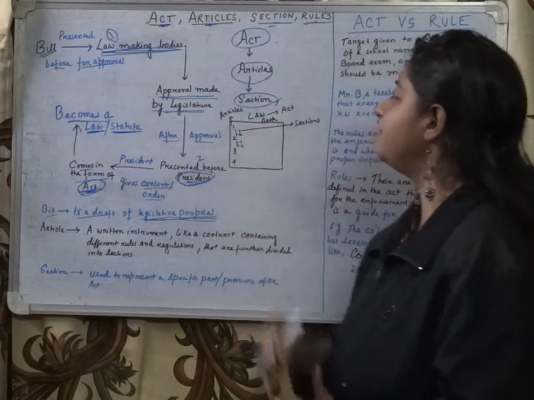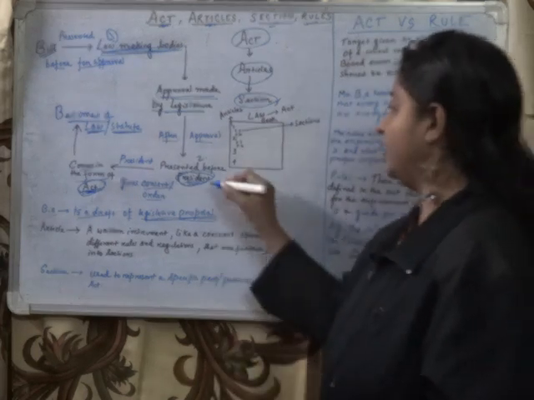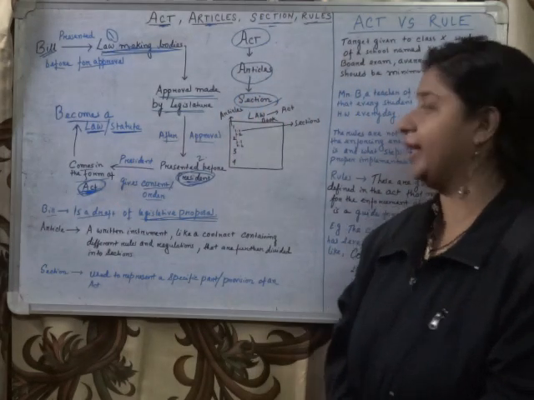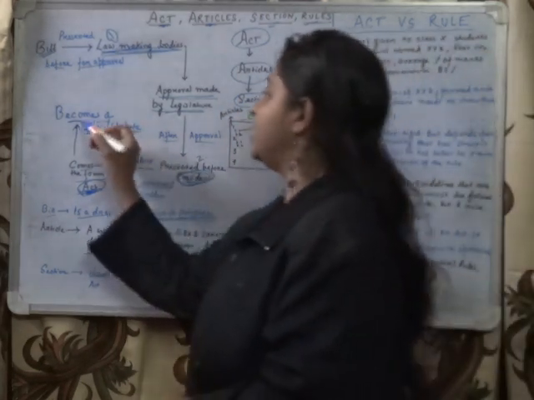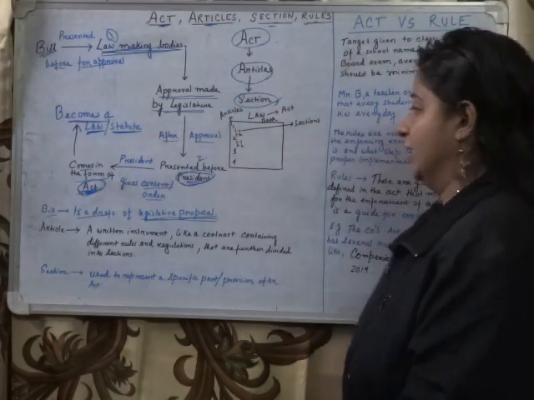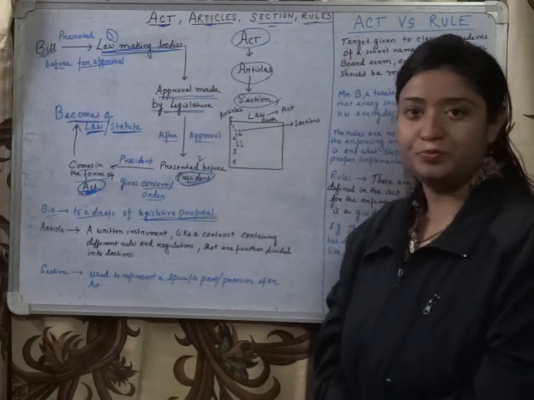It is the second step. Then if the president accepts it, only then will it come in the form of an act. Okay. So finally it will become the law of the country. Right? Now, that is the act. It is very much clear to you.